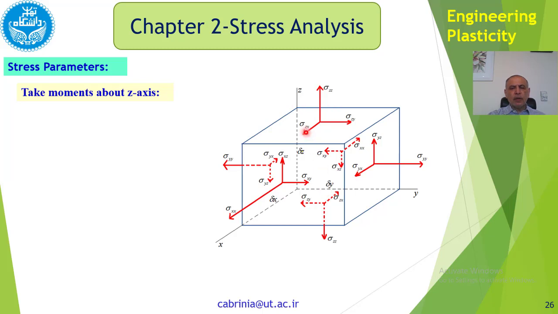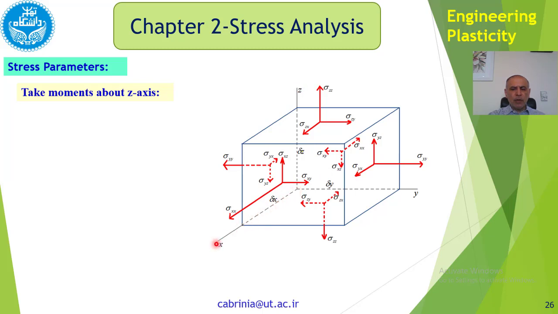Therefore, the moment is sigma zx times delta x times delta y times delta y over 2, and the sign is negative because it is a clockwise moment. We take anticlockwise as positive and clockwise as negative. Similarly, we could have moments for all of the stresses in all of the faces, except that sigma zz has no moment about the z-axis.